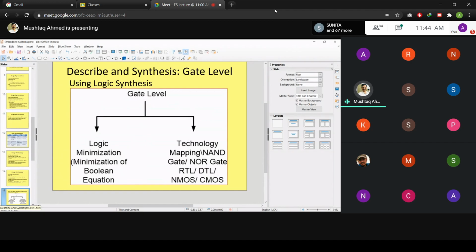Now, the constraint is that my device has 1 million gate counts, and the cost of that device is only 5,000 rupees. Now you could imagine, do I require to minimize the gates or the Boolean functions in order to meet the requirement or the operation which I am performing?